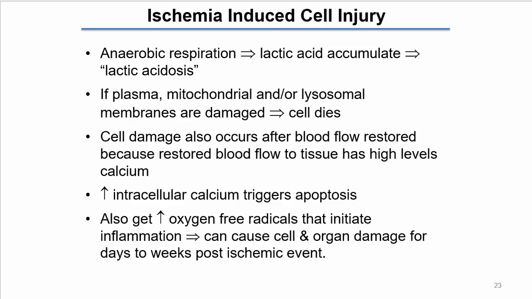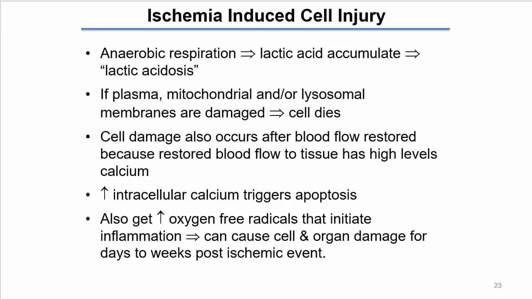Now, the other thing that happens is if there's mitochondrial dysfunction, reintroducing oxygen doesn't mean that all of a sudden those mitochondria will start functioning, because they're dysfunctional because of the calcium. This extra oxygen doesn't get used in the Krebs cycle and oxidative phosphorylation. So this extra oxygen ends up becoming free radicals. And free radicals cause inflammation.